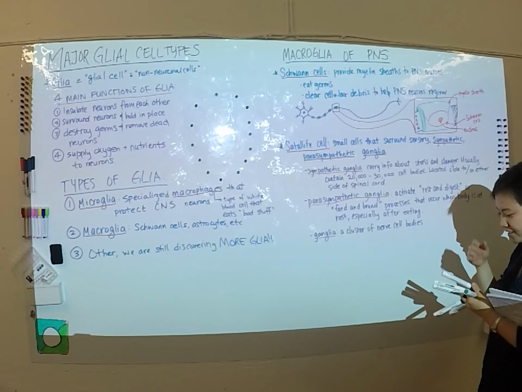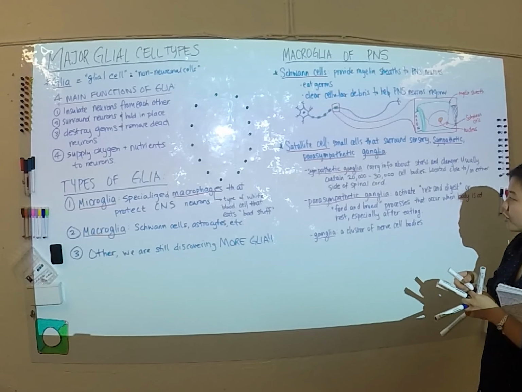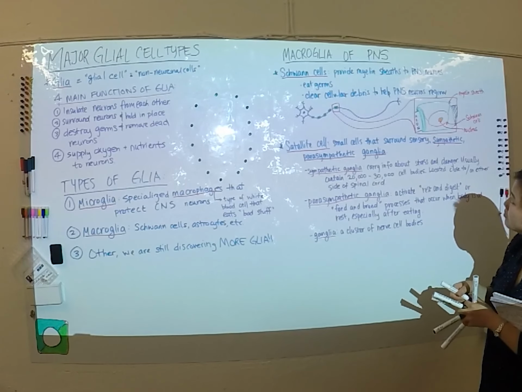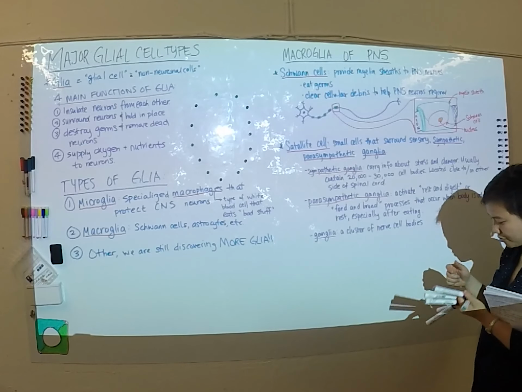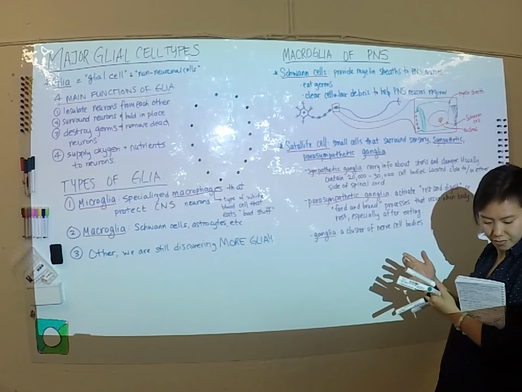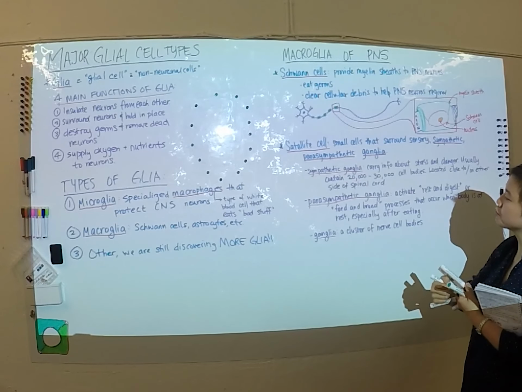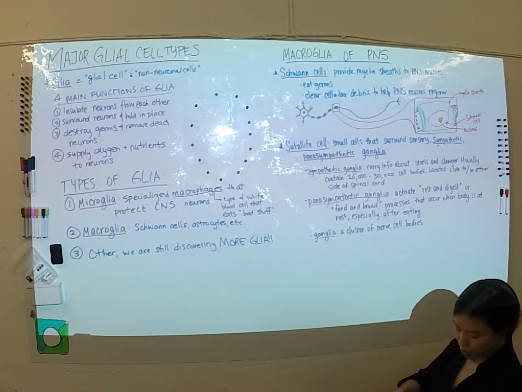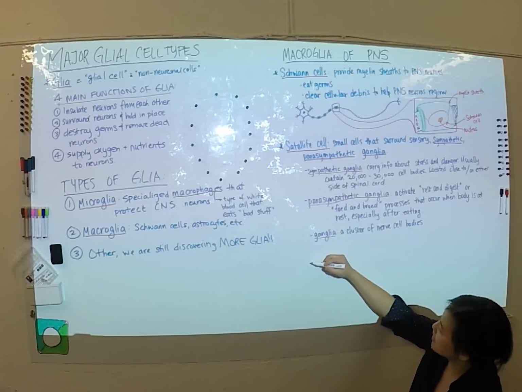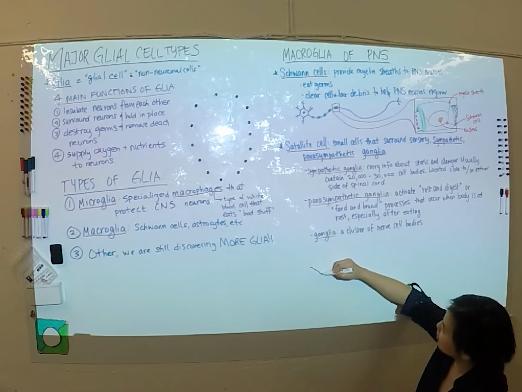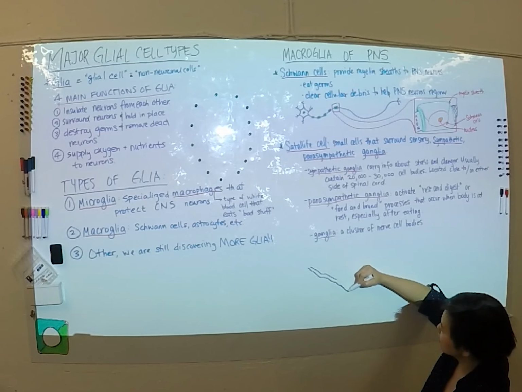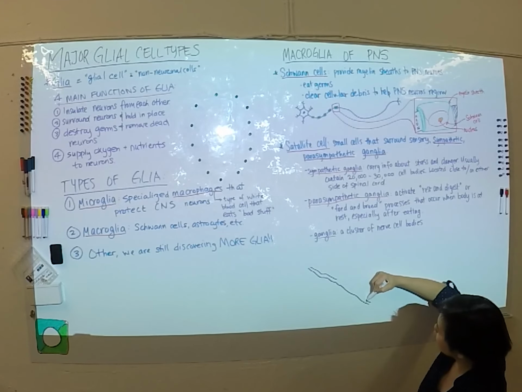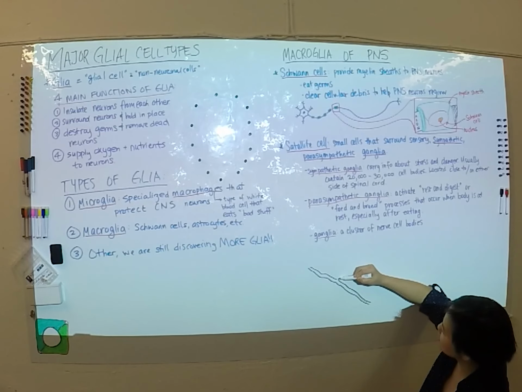So let's draw this. Let's use black because I haven't used that in a while. Okay, so we are going to imagine that down here we have a ganglia of pseudo-unipolar cells.